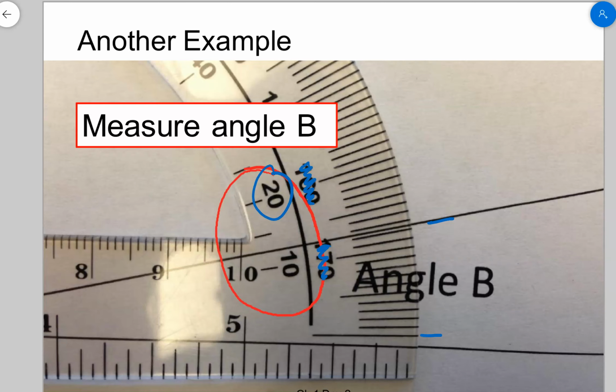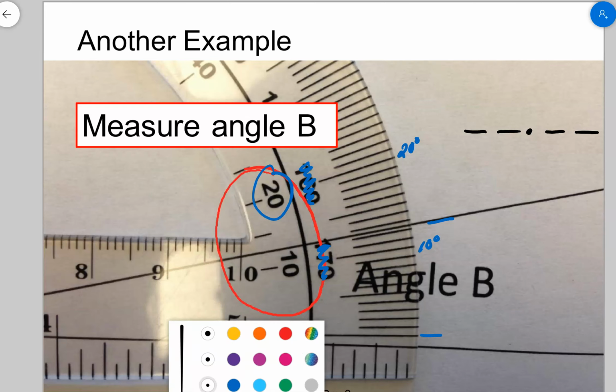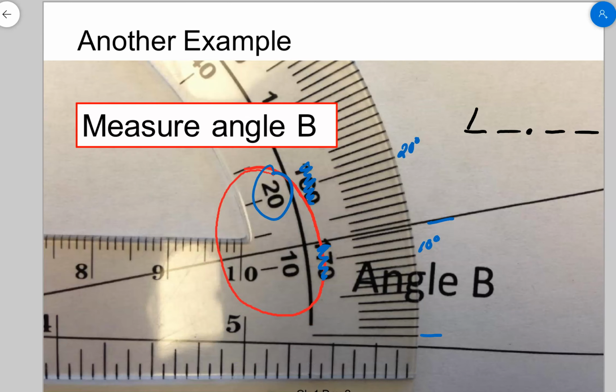So this is 10 degrees, and this is 20 degrees. So I know that it's going to be more than 10 and less than 20, so I'm going to need my tens column. And so that's going to be a 1.